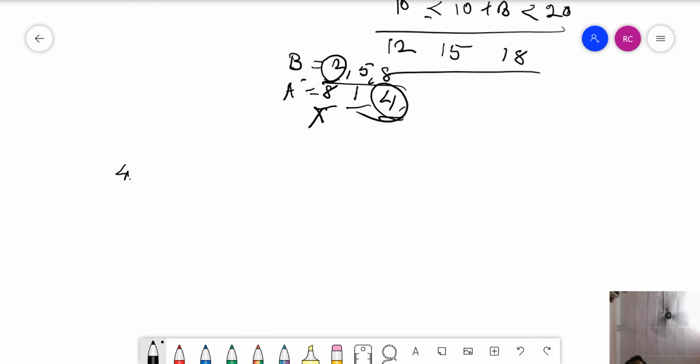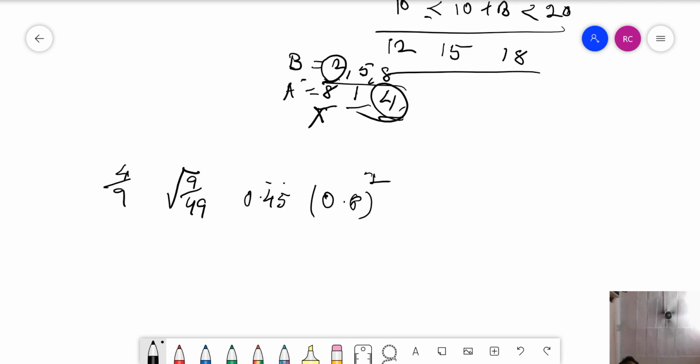So we have 4 by 9. We have square root of 9 by 49. We have 0.45 recurring, and we have 0.8 whole squared. This is like 0.64, this is 0.45, so this is clearly out because this is much bigger.